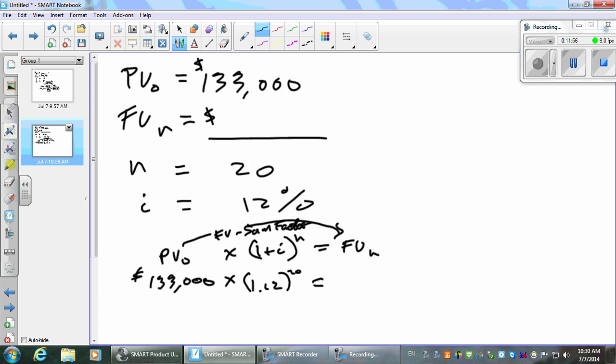Go to the 12% column, and down to 20, 9.6463. 9.6463. What is that? So $1 will grow to that at 12% interest in 20 years.